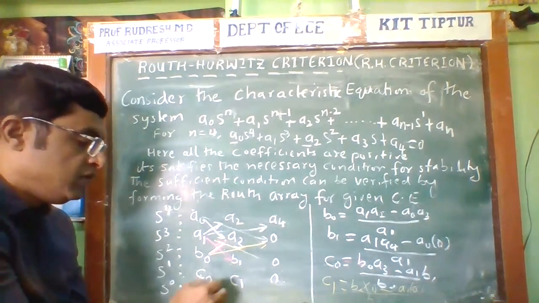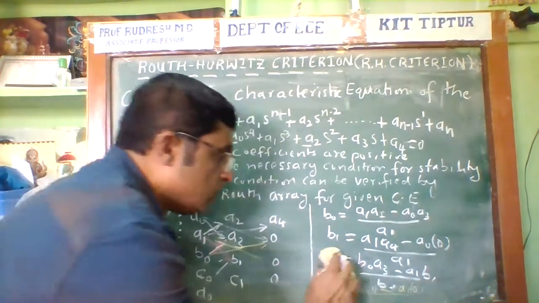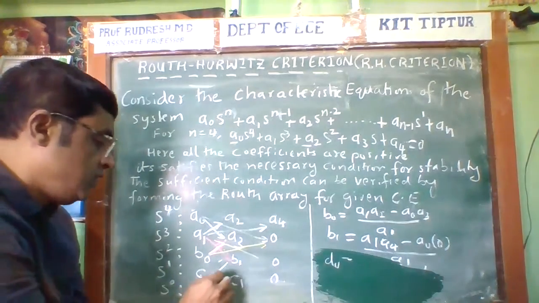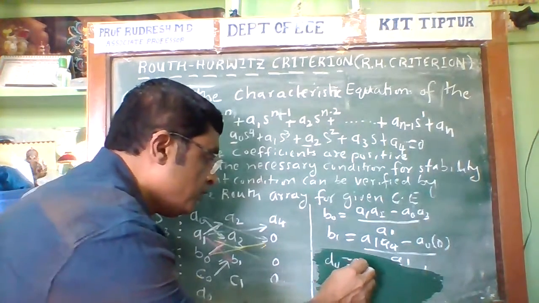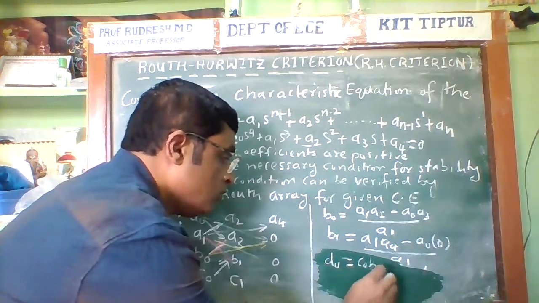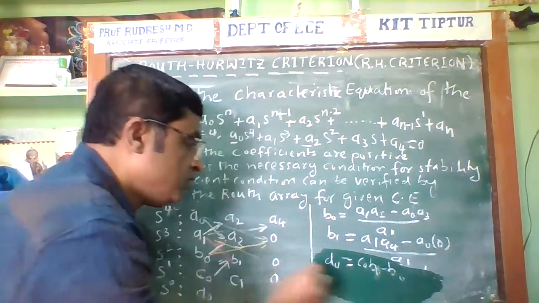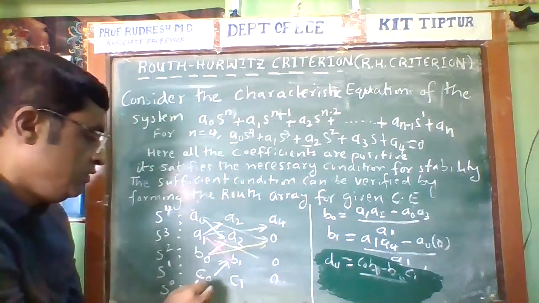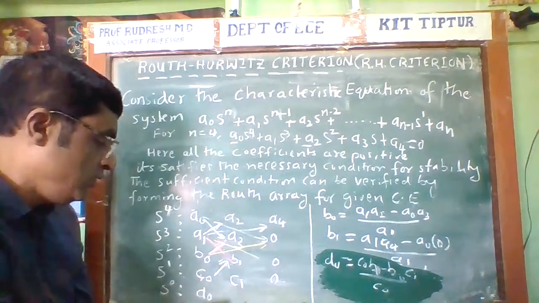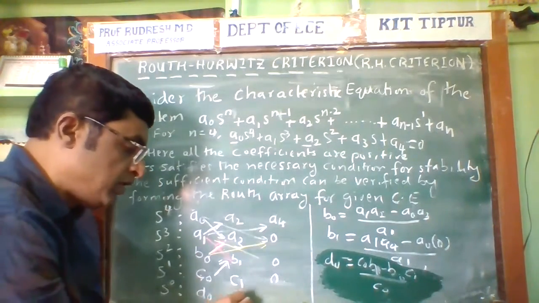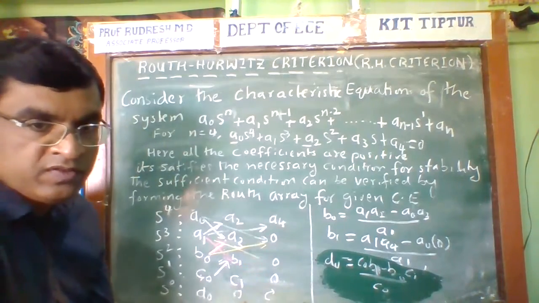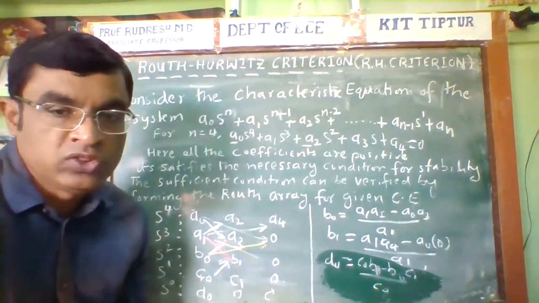Then what will be the value of d0? d0 is equal to c0 into b1 minus b0 into c1, divided by c0. Now this is the value of d0. Now the next elements are 0, because these two elements are 0. Therefore, subsequent elements are 0. This is the way of forming the root array.